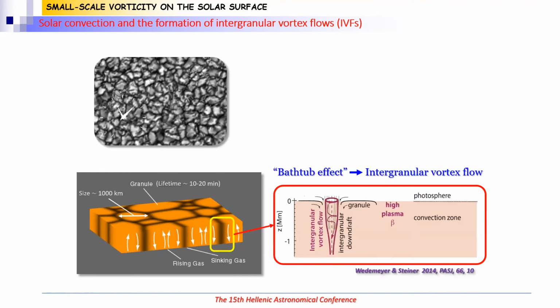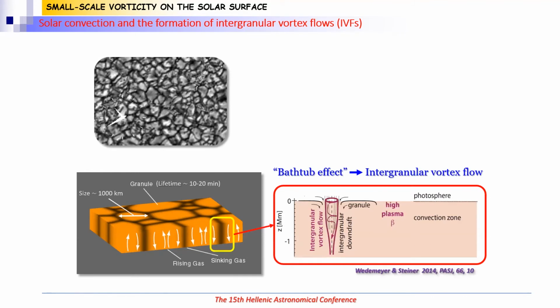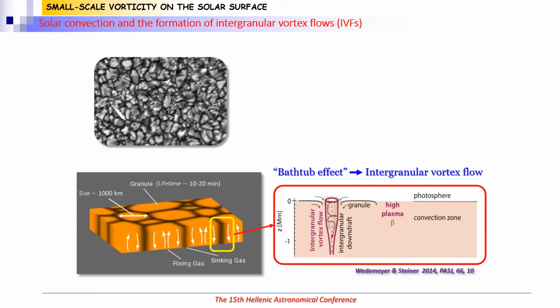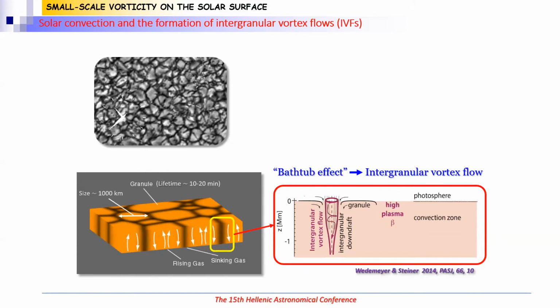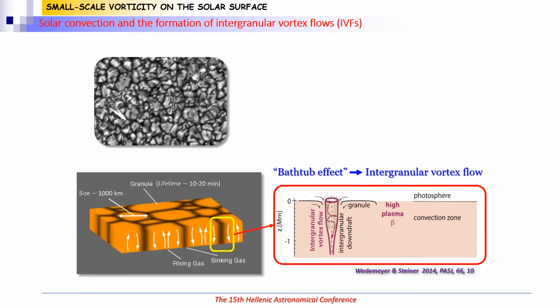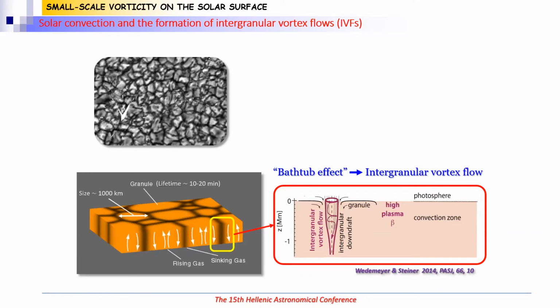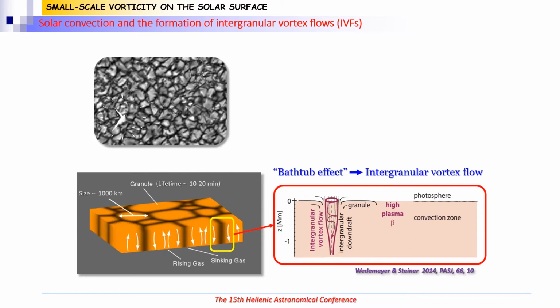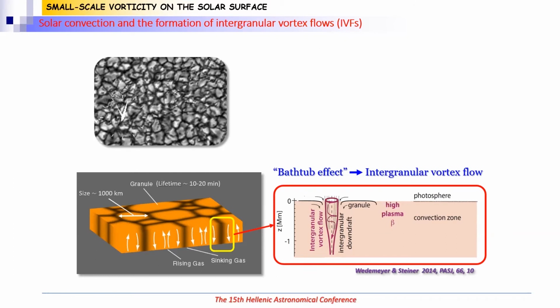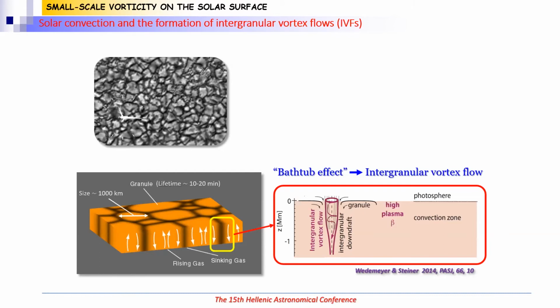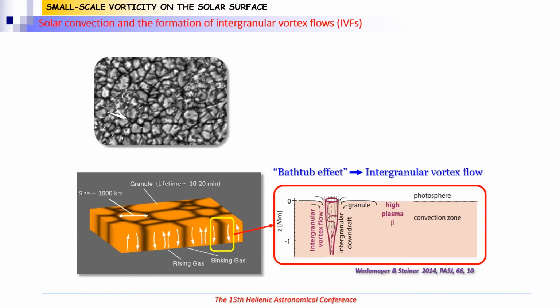During this downflow, because of conservation of angular momentum, this downflow occurs according to the so-called bathtub effect. It's like a bathtub being evacuated of its water, and that creates basically an intergranular vortex flow. So a vortex flow that is located at the intergranular lanes.